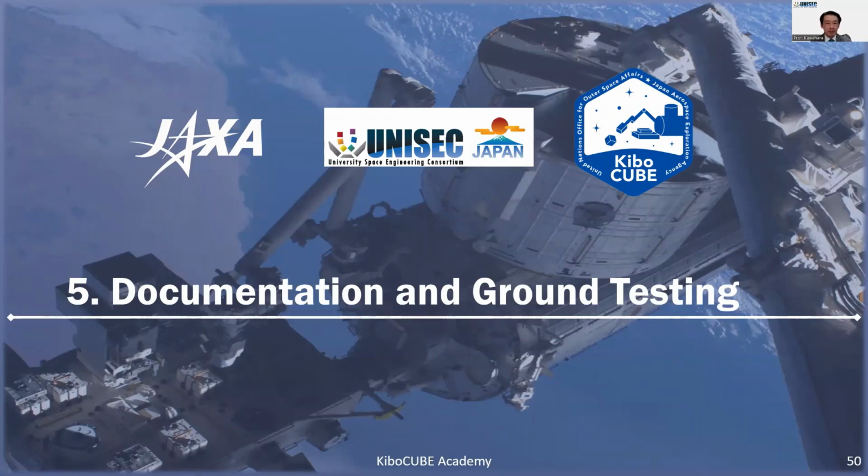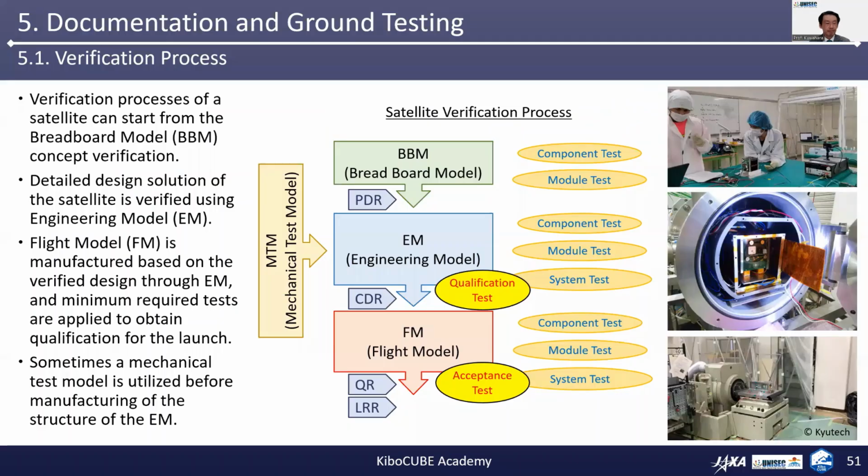So after all the discussion about the safety design of the satellite, now I'd like to explain about the verification and documentation in the next chapter. So first of all, the verification process of a satellite can start from a breadboard model, BBM, for concept verification, before detailed design solutions of the satellite are verified using engineering model, EM.